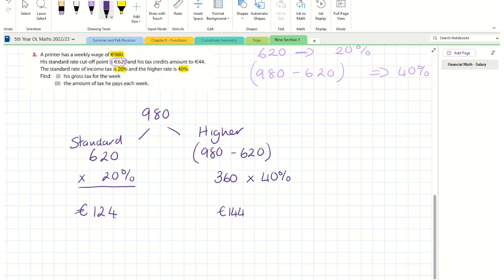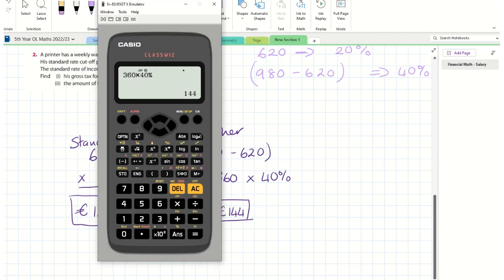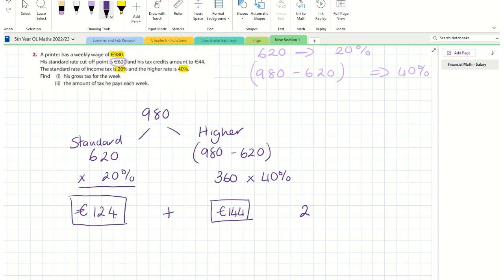So his higher rate of income tax is 144. He's going to pay 124 on the lower amount. And we're going to add the two of them together. So 124 plus 144 is 268. So that's his gross tax.